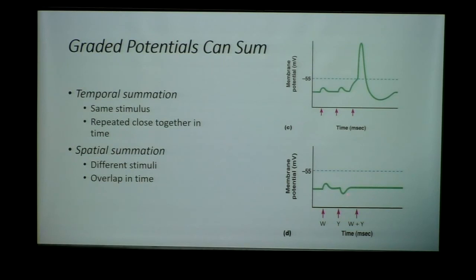So that's going to be a negative change in the membrane potential. We simply add those two stimuli together, and as you can see, they cancel out. But the take-home point for spatial summation is that it's two different neurons, two different stimuli happening on different areas of that soma. Whereas temporal summation is going to be that same stimulus. So think about stimulus, stimulus, stimulus, stimulus versus different stimuli on the soma.